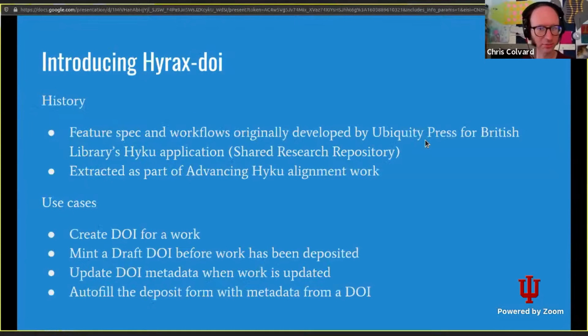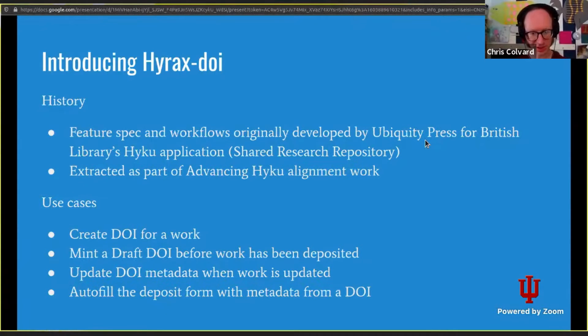So when I started work on creating a Hyrax plugin, I looked at the implementation that had already been done by Ubiquity Press for the British Library's Hyku application. The British Library works pretty closely with DataCite, and so they had a strong vision for what features they wanted. My work is to extract that out and share it back into the community as part of the Advancing Hyku alignment work.